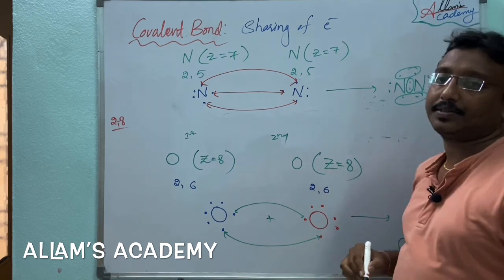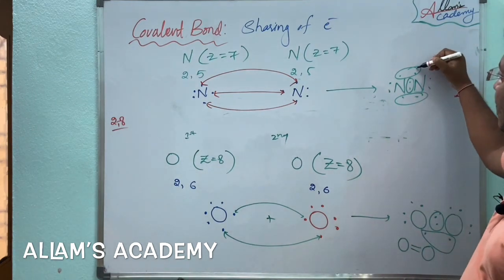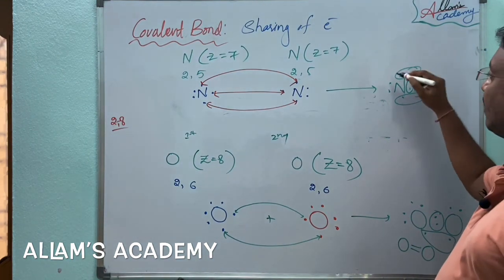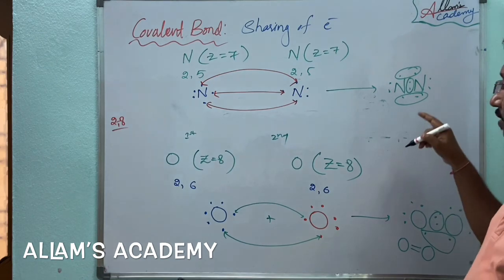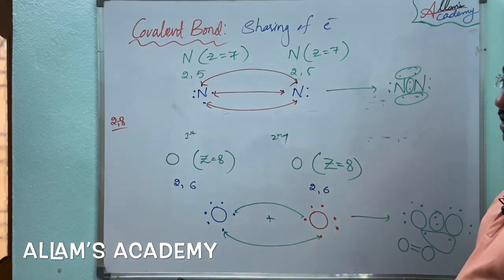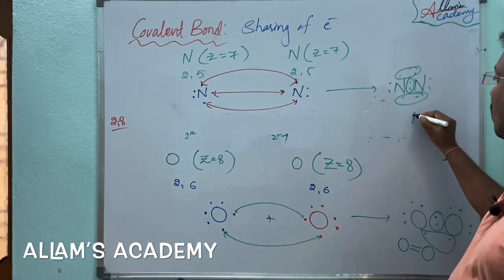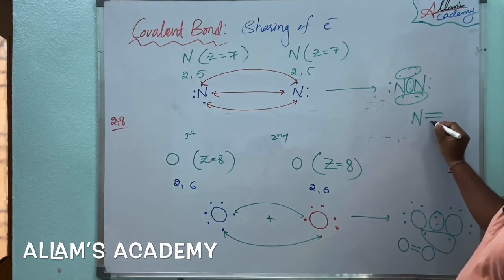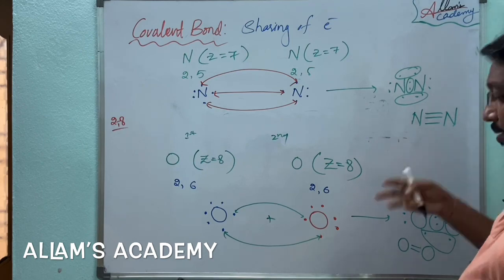The sharing of 3 electrons from each atom can take place. So here this bond is called a triple bond.